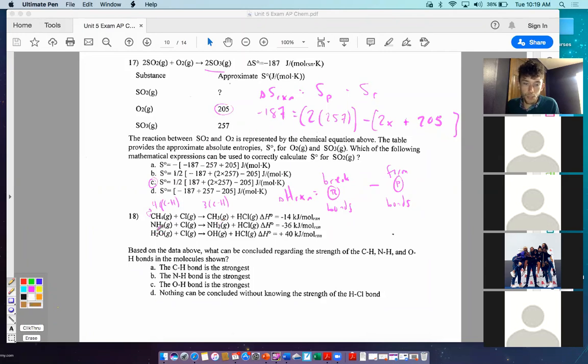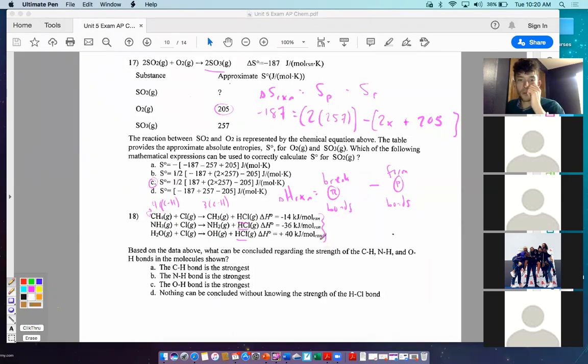This time I'm breaking 2 oxygen-hydrogen bonds and only forming 1. So each time I am forming 1 less, and I'm also forming HCl every time. This allows me to directly compare these values.